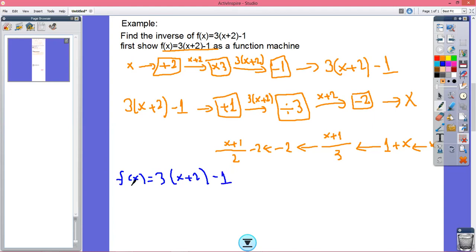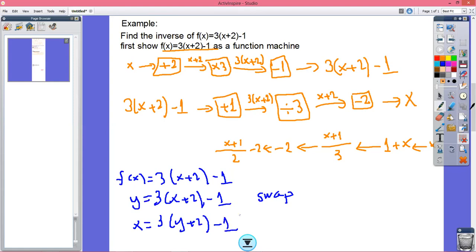Now here, instead of F of X, I am going to write Y is equal to 3(X plus 2) minus 1. Here swap X and Y. Here I am going to write X and here I am going to write Y, so X is equal to 3(Y plus 2) minus 1.